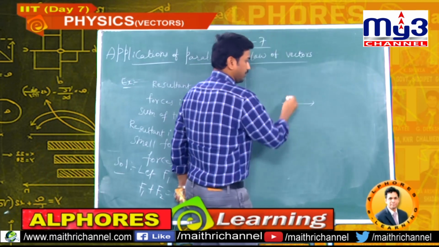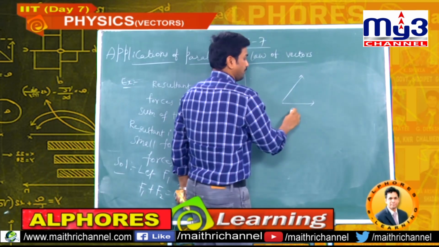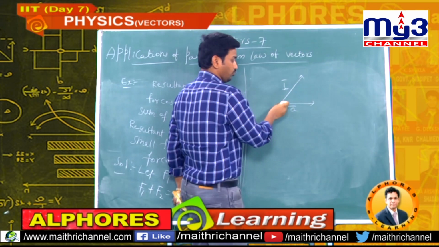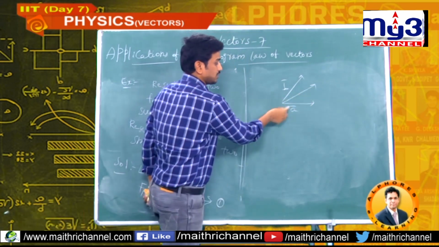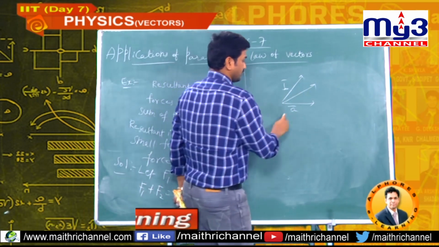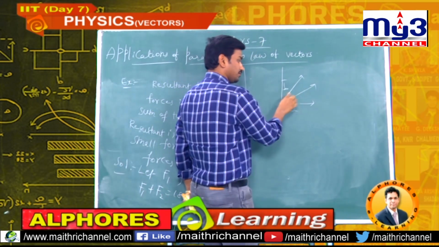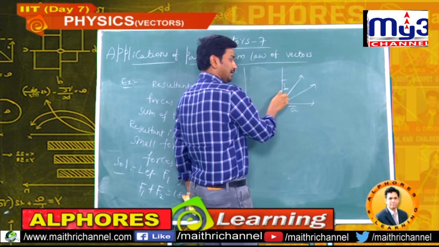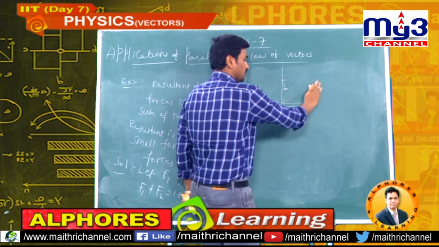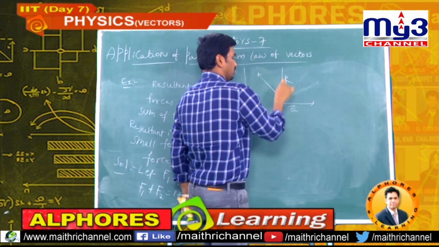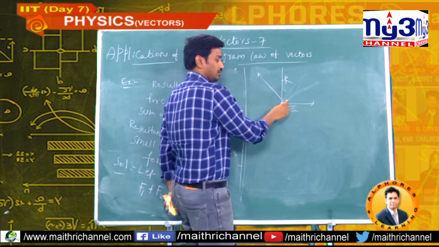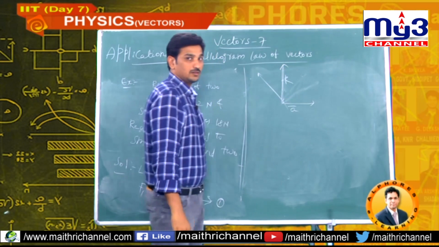You remember this point: a bar, b bar, two vectors, the resultant is always between the two vectors. Now this resultant is at 90 degrees, the two vectors are two sides, this is the resultant.